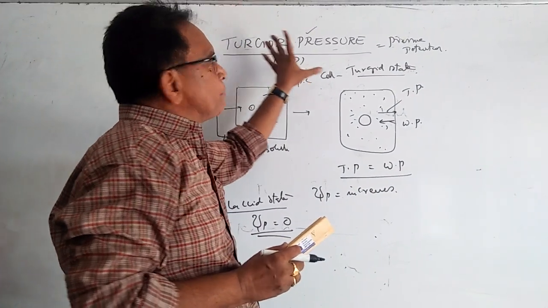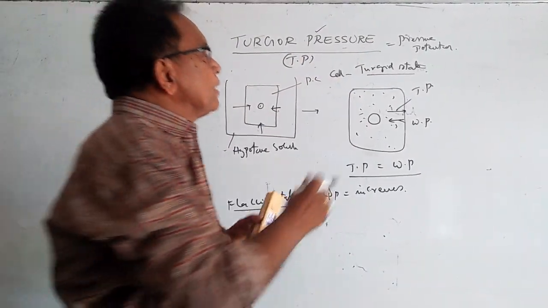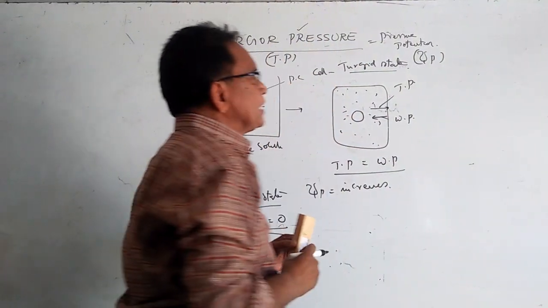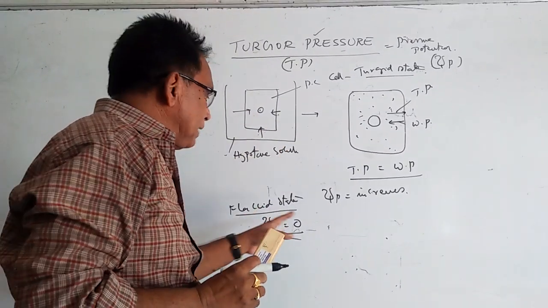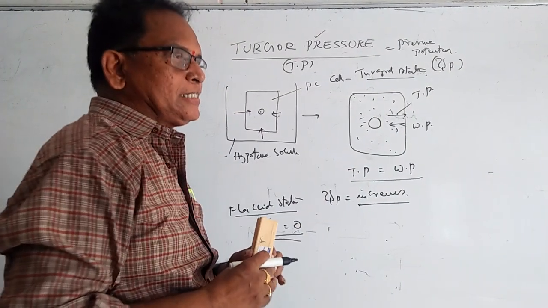Now this Turgor pressure has been changed to pressure potential, and it is represented by the symbol psi p. When a cell is placed in a hypotonic solution, the psi p value gradually increases.